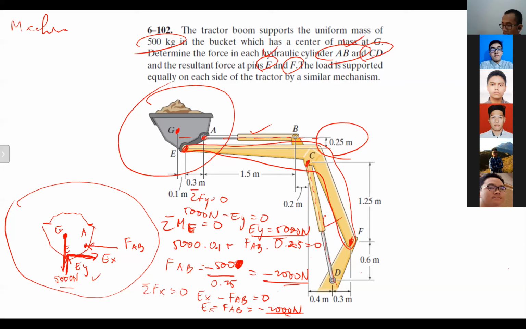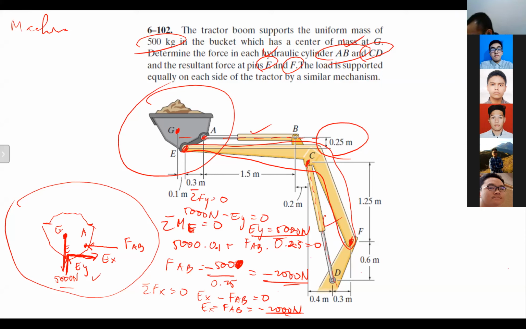Now we're left with CD and FX, FY. So which free body diagram are we supposed to draw? The CFD? Or BCF maybe, sir?